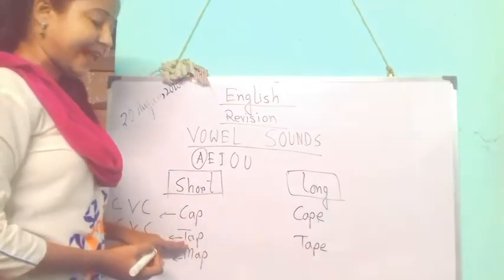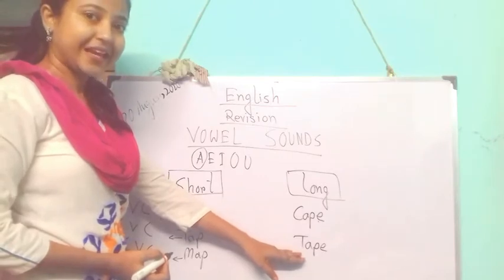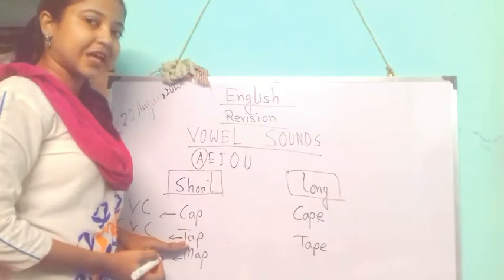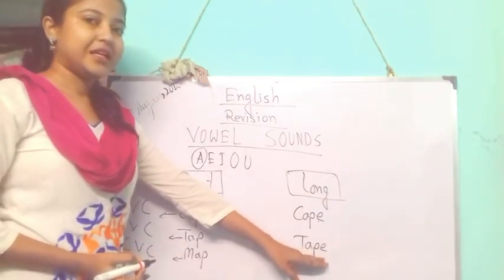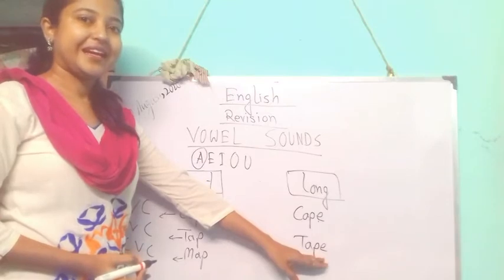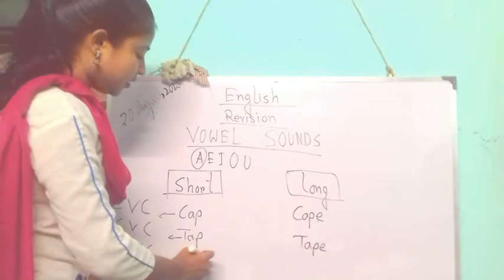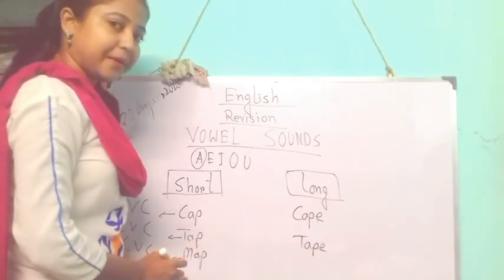See, here tap, A, but here tape, A. Because here only one vowel was here and the sound was A. When we added another vowel, it becomes A, tape. For map, if you add M-A-P-E, then it is mape.